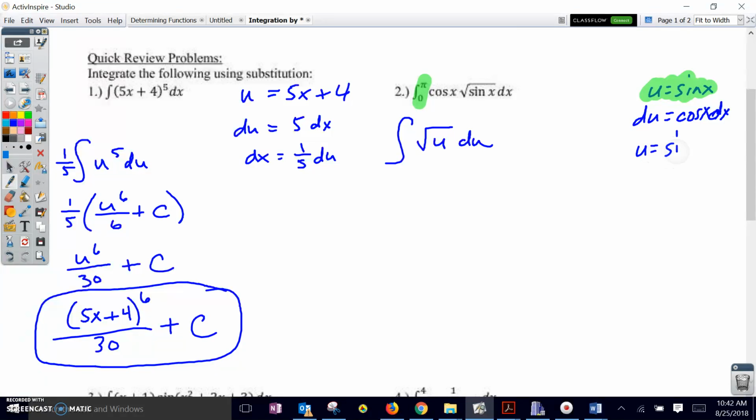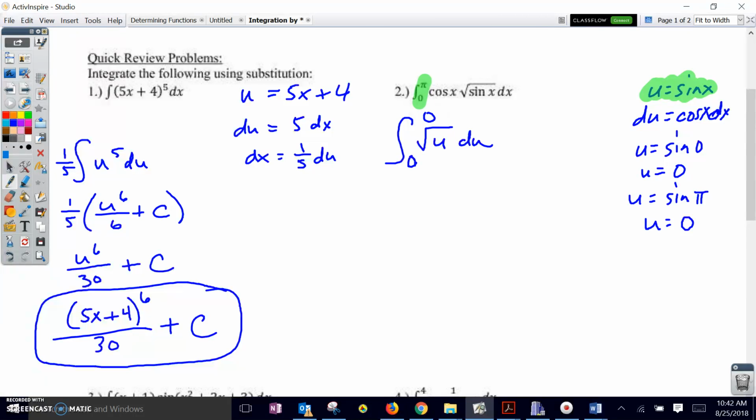So u equals the sine of 0. Sine of 0 is 0. So that limit of integration will be 0 in terms of u. And the upper limit is pi, so u equals sine of pi. Sine of pi is also 0.